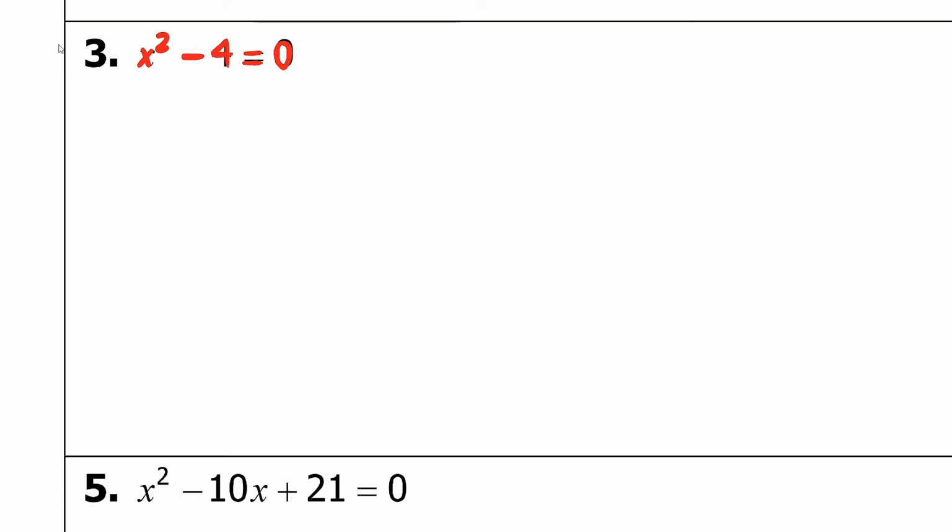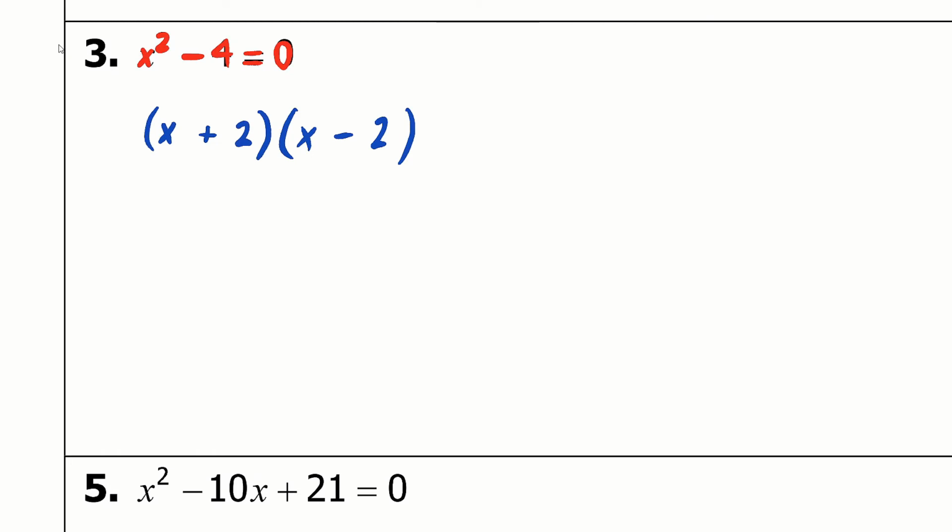So this is the one time where I told you a binomial factors into two binomials. And those two binomials are x and x, right? x times x gives me x squared. 2 and 2, because 2 times 2 gives me 4. And what was the rule on this difference of squares? One had to be positive and one had to be negative.